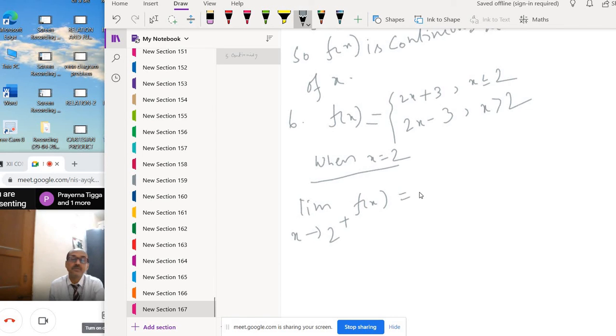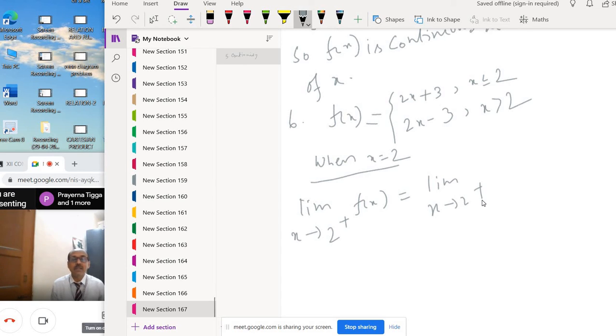Remember this: 2 plus means greater than 2 and 2 minus means less than 2.